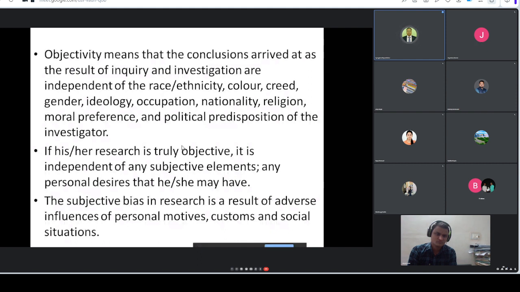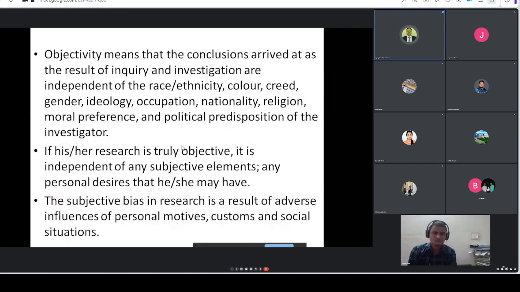Okay, so if your research is truly objective, it is independent of any subjective elements, any personal desire that he or she may have. It should be free from that. The subjective bias in research is a result of adverse influence of personal motive, custom, and social situation.